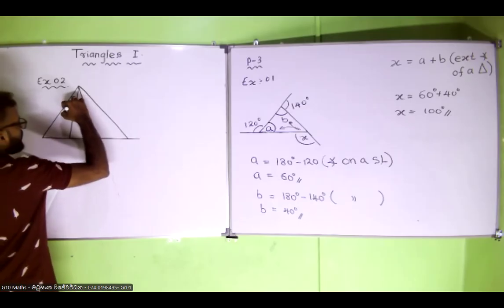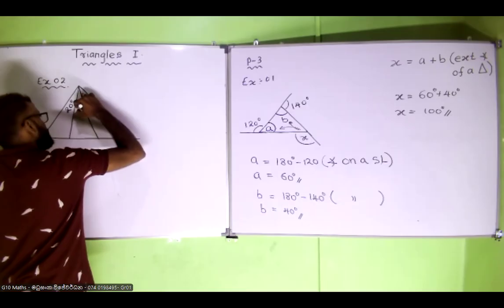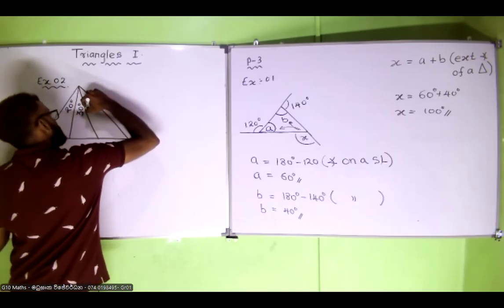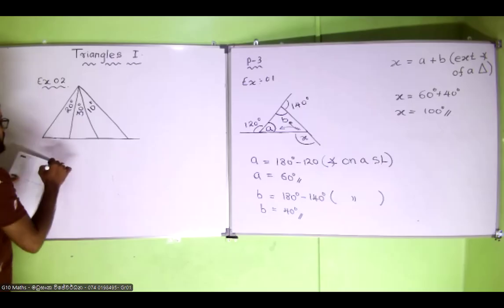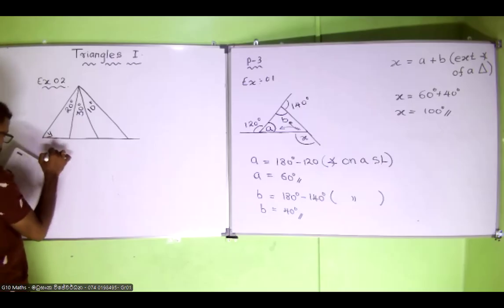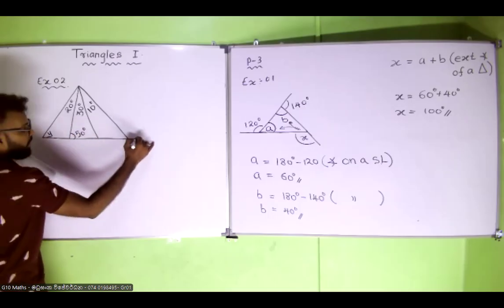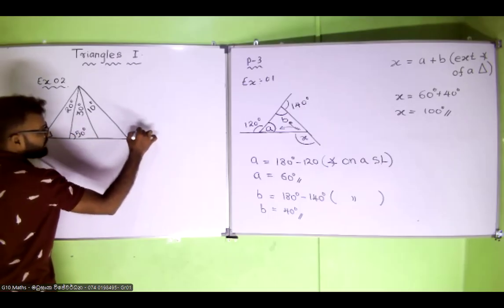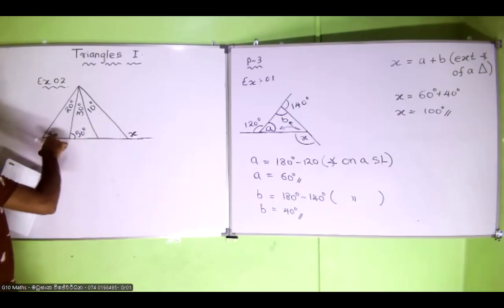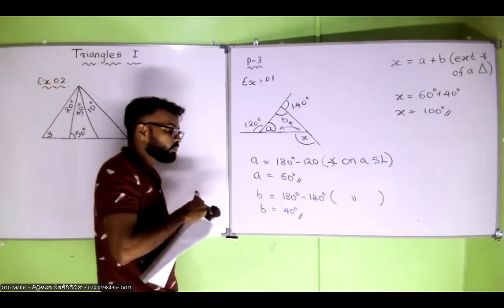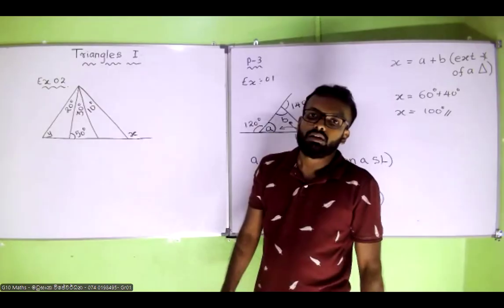This angle is 20 degrees and this is 30 and this is negative 10. Then this is y. This angle is 50 degrees. And you have to find the magnitude of this angle, x and y, this one and this one. Okay, so you know the theorem, right?